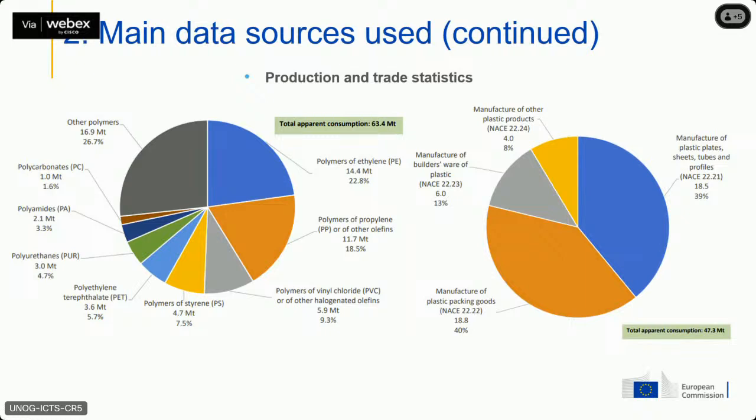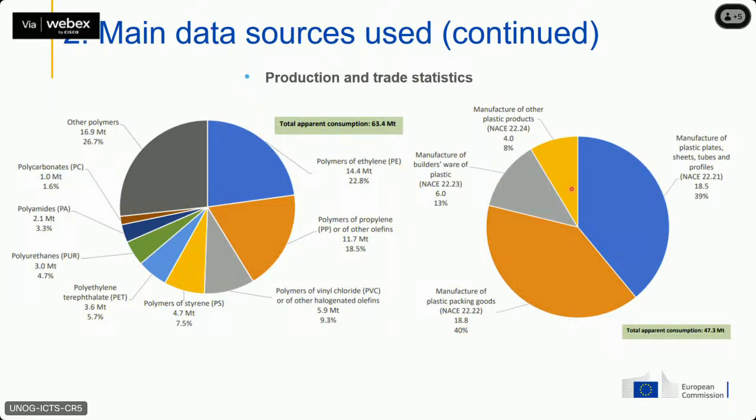Other data sources that we used were trade statistics that we used to estimate apparent consumption. So from production plus imports minus exports, we calculated apparent consumption. And we made this starting from data from an association of plastic manufacturers that had estimates by type of polymer.